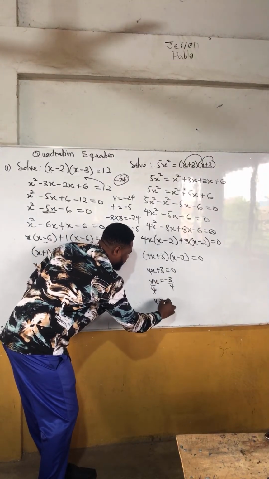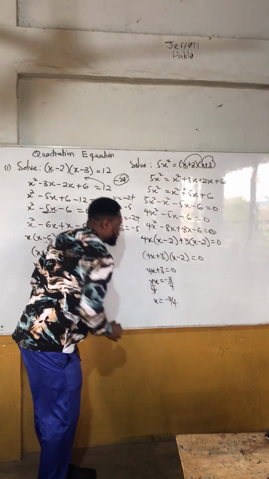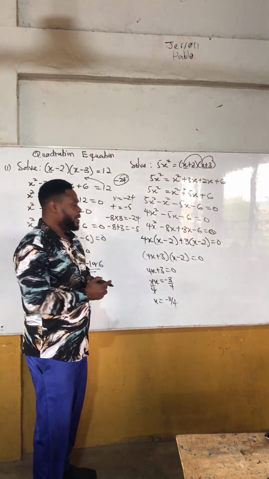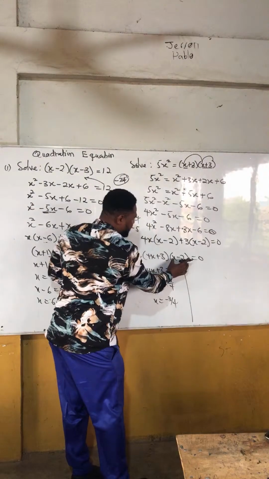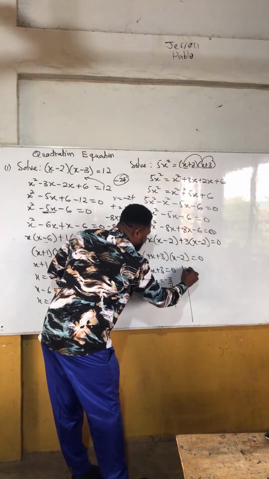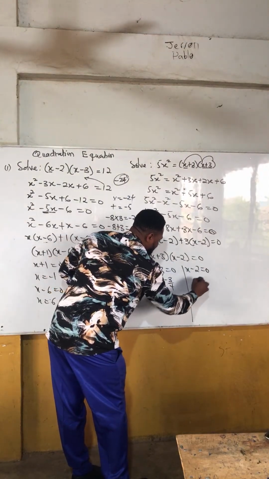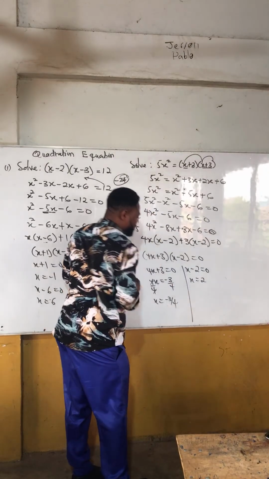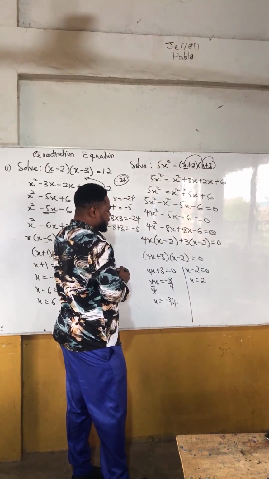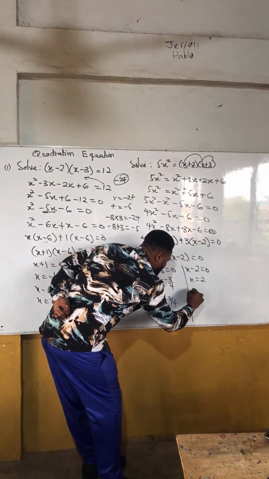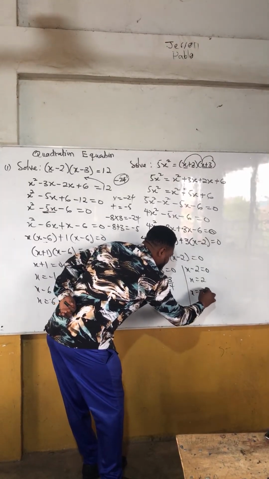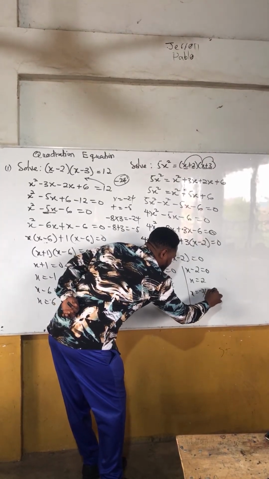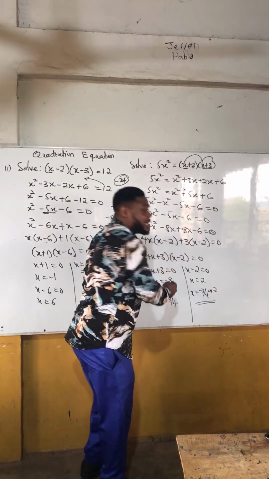So x will be equal to minus 3 over what? 4. After that, we pick this and also equate it to 0. So x will be equal to what? 2. Therefore, our answers will be what? x equal to minus 3 over 4 or 2. Please, this is the answer.